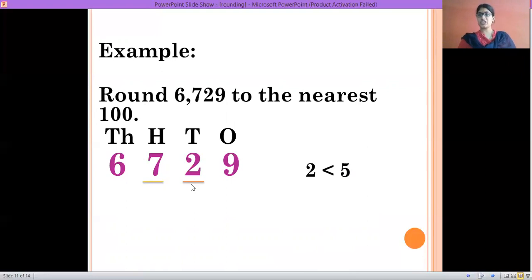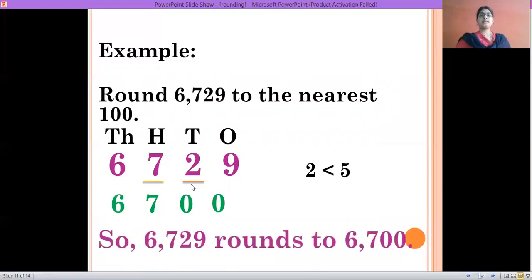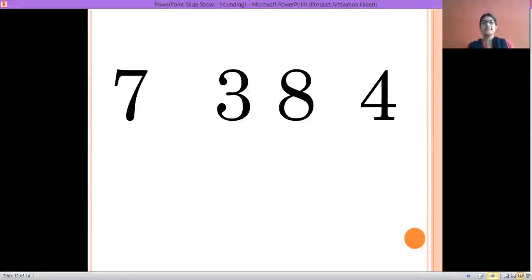So are we going to change our rounding digit? No. We'll keep the rounding digit the same, and we'll replace right side digits with zeros. And we'll write the left side digits the same. So the answer for this is 6,700.